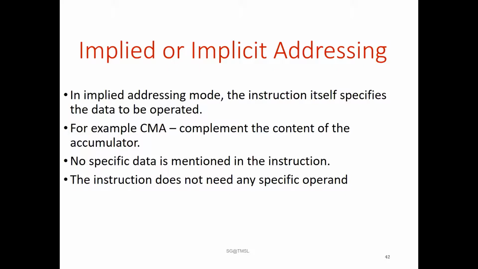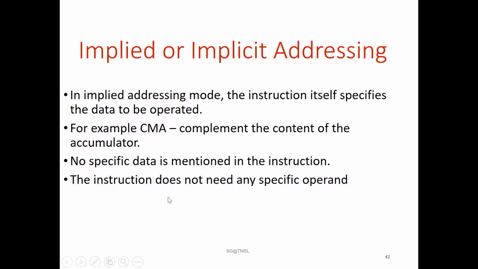There is no register, no operand individually specified, like CMA, like HLT halt, like RAR, like RAL, like EI. After CMA there is nothing. This is the complement of the accumulator content. You can't write CMA B or CMA C. Only CMA is there.